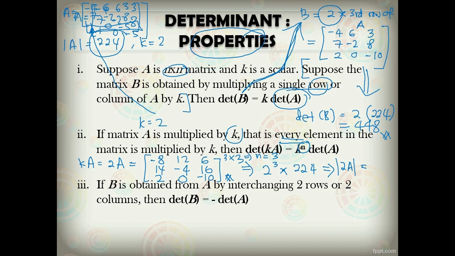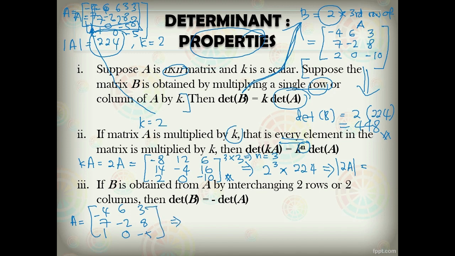Property number 3: if you have B, which is obtained from A by interchanging two rows or two columns, then the determinant of that new matrix B is equal to the negative determinant of matrix A. So you know that A is [-4, 7, 1; 6, -2, 0; 3, 8, -5].